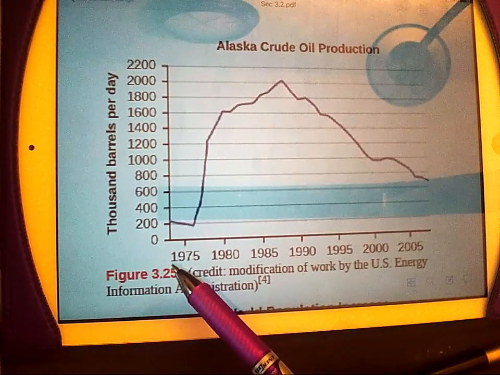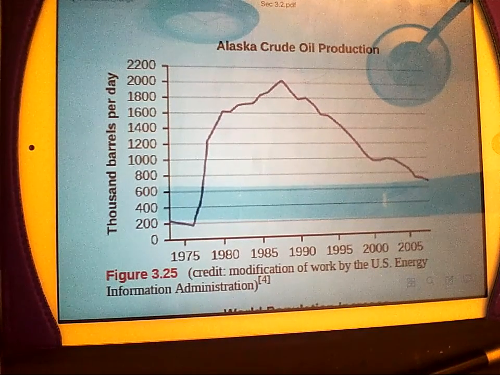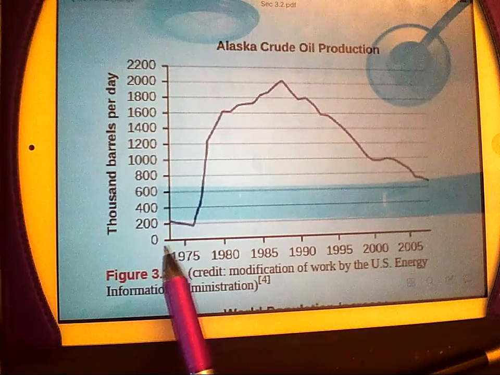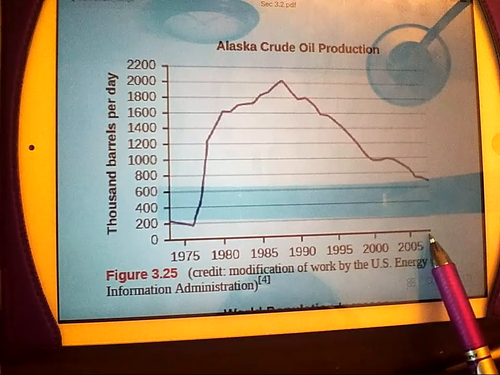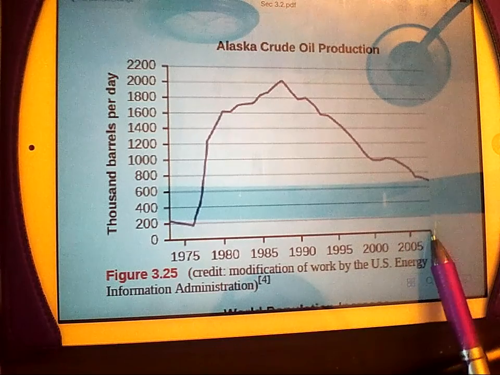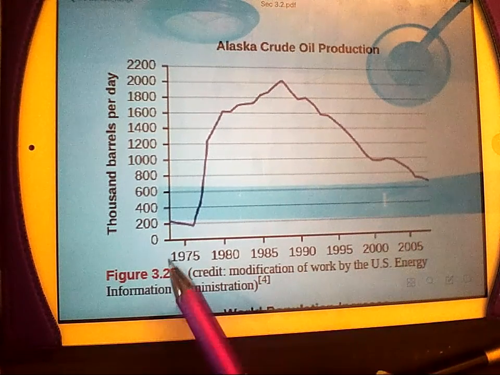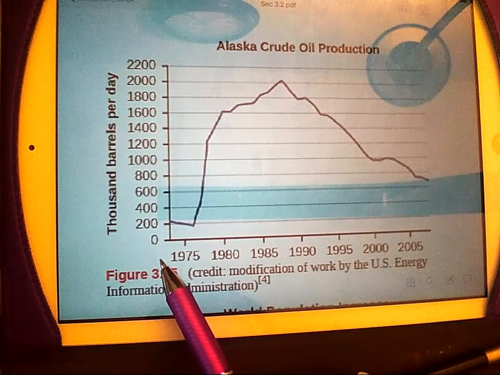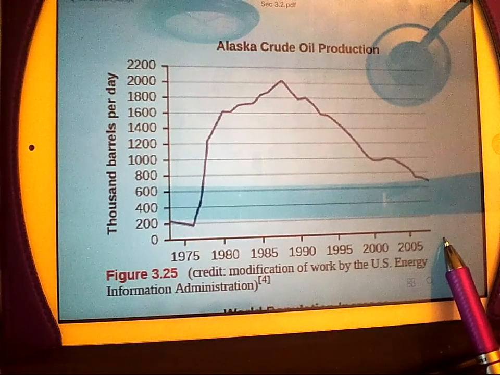I would say a reasonable value for the domain, your time will always be the independent variable, starts at 1970 and goes to a little bit more, so I would say till 2010. So domain here, 1970 inclusive to 2010 inclusive.